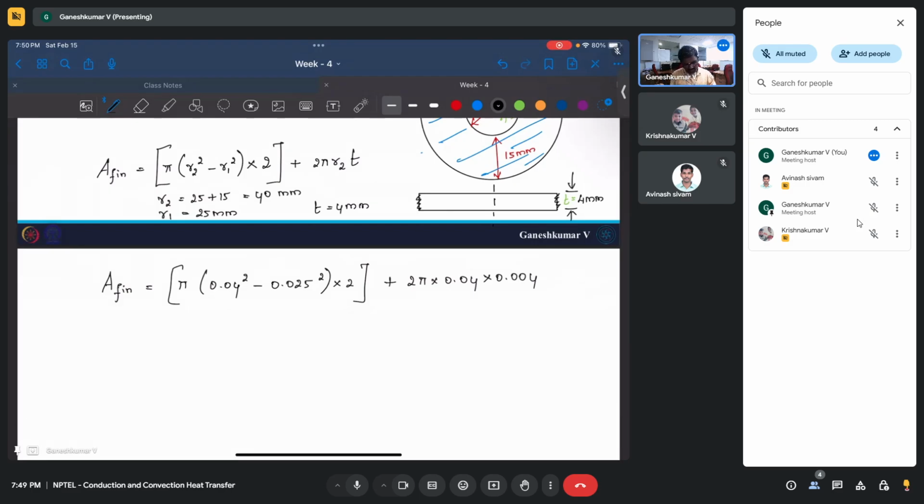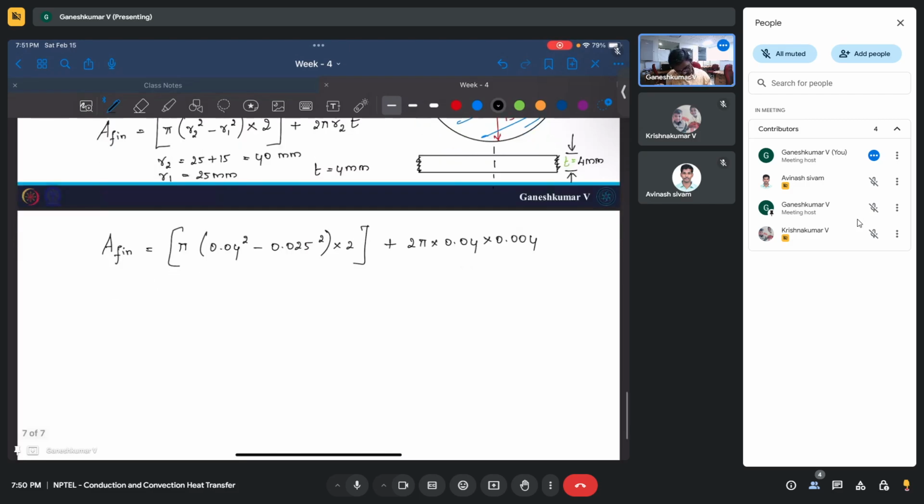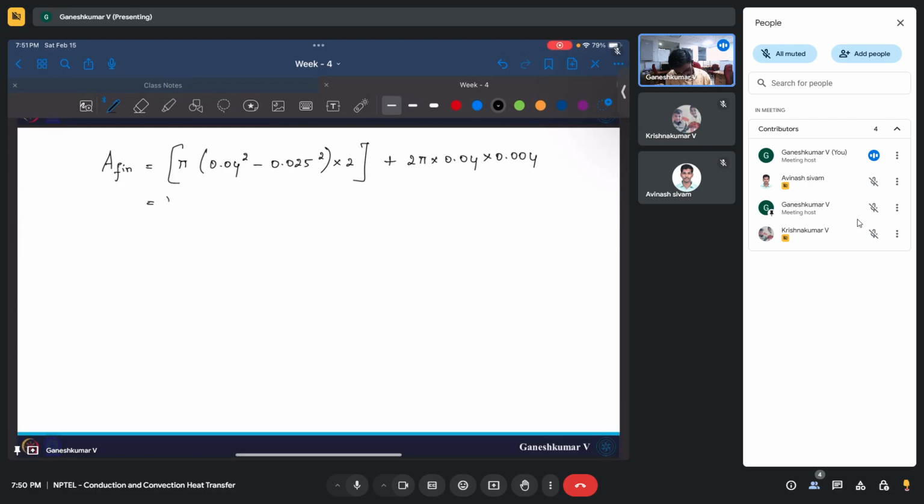If you perform this calculation, what is the area that you're getting? I am getting something like 7.1314 times 10 power minus 3. I'm prone to make mistakes, so please calculate once by yourself.